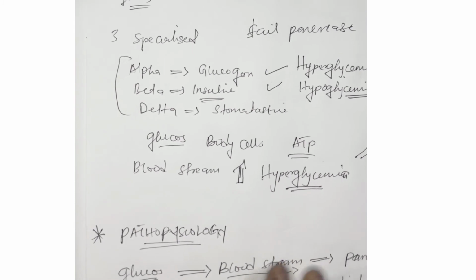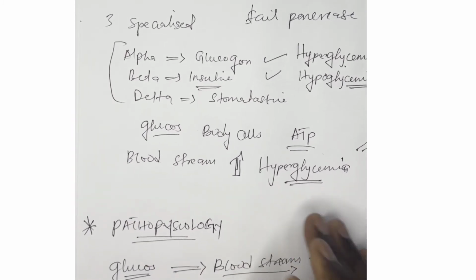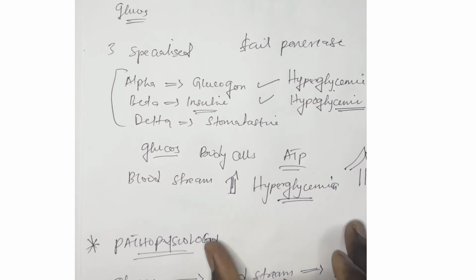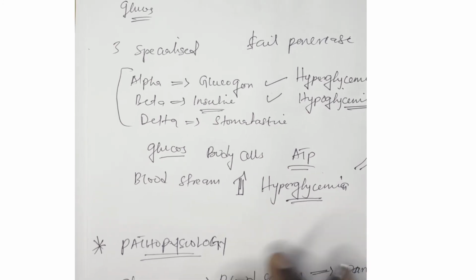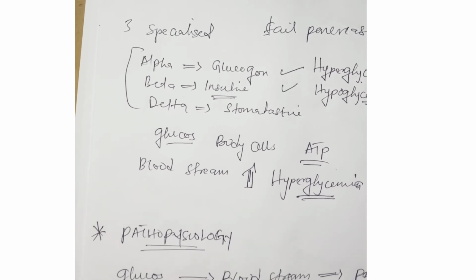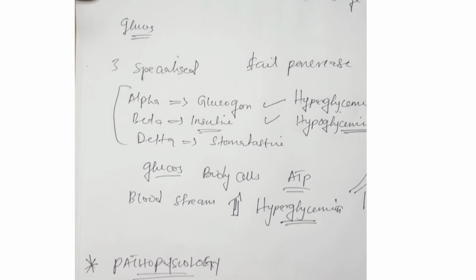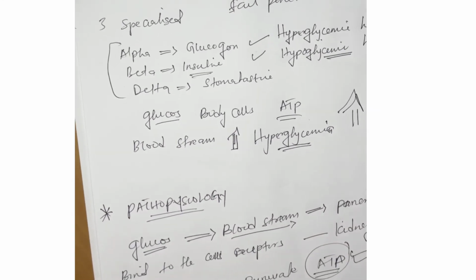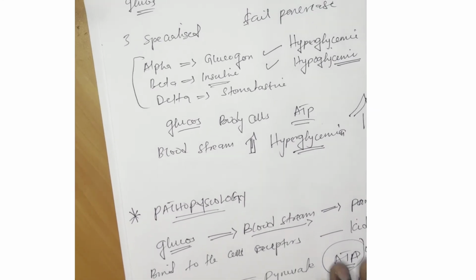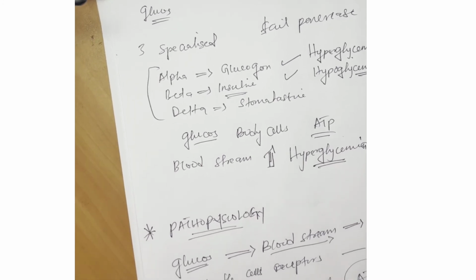And when the blood glucose is taken to the cells, it is used to produce ATP. But when it fails to do that, that shows that the body is having a problem with insulin production, which leads to diabetes. So in brief, our pathophysiology is that glucose goes to the bloodstream. When it is absorbed, the pancreas produces insulin, which binds to the cell receptor, which enables the glucose to enter the body cells.